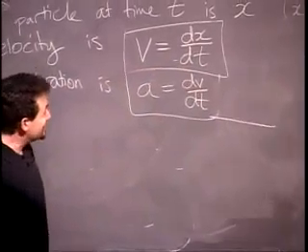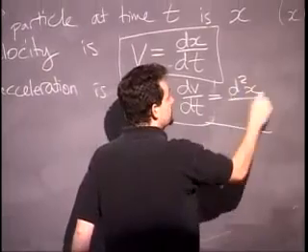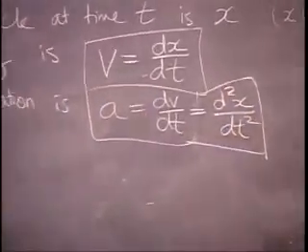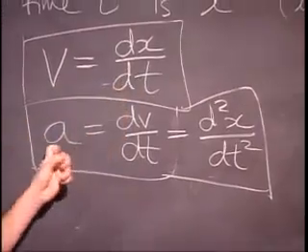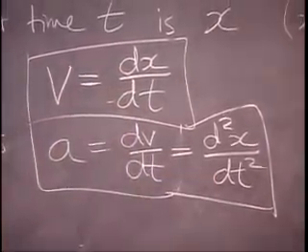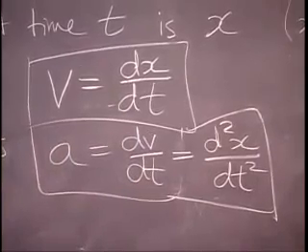So dv dt, if you think about it, is the second derivative of position. Right? Because to find v, you differentiate once. To find a, you differentiate that, which of course is the same as differentiating the original thing twice.